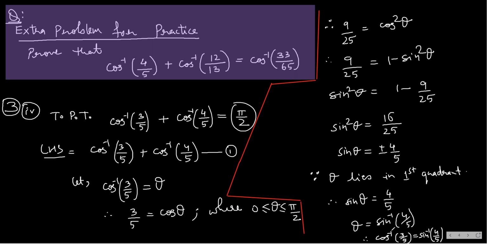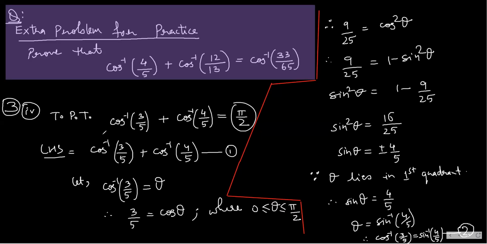You write this as number 2, equation number 2. And using 2 in 1, we get, what will the LHS become now? In the LHS you have cos inverse of 3 by 5.